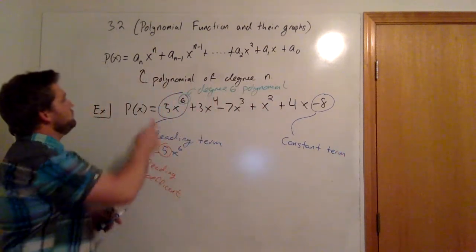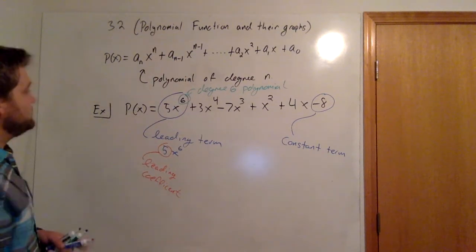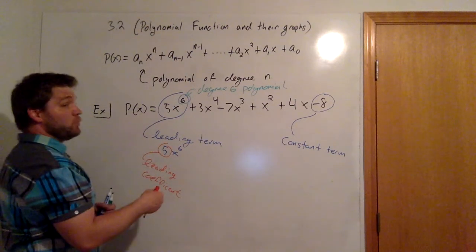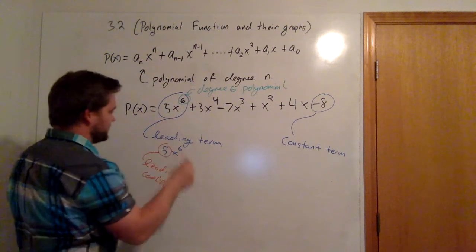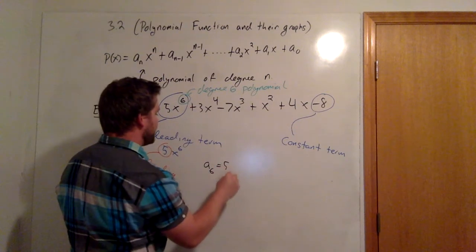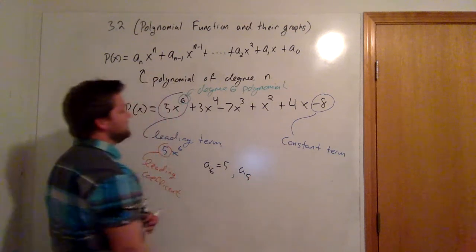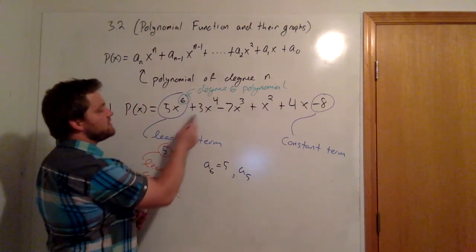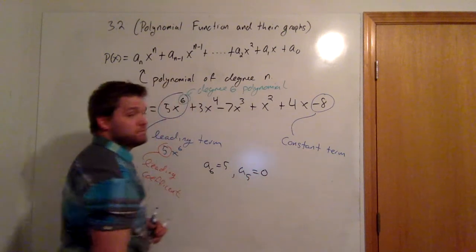And now if we're trying to figure out what a sub n minus 1 is, in this case a sub 6 would be the coefficient on the x to the 6th term. So a sub 6 would be 5. Well, let's think about a sub 5 here. I don't even have an x to the 5th term, so a sub 5 here would actually be 0.